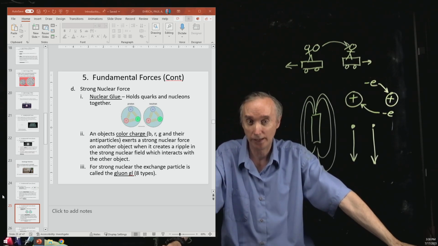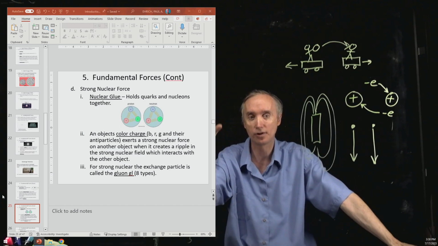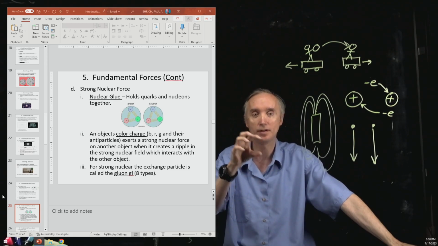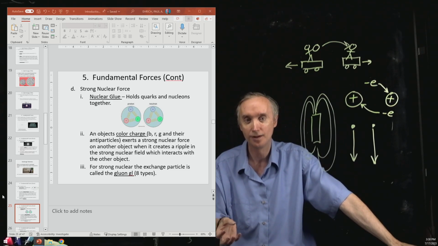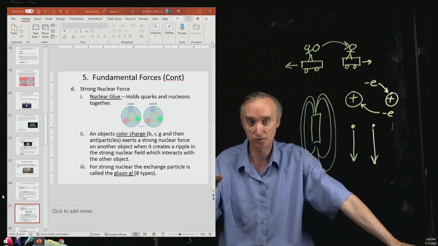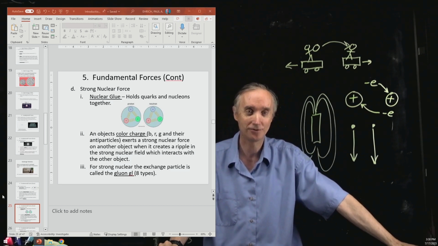Now, in the same way, mass causes gravity. Electrical charge causes electrical force. Color charge causes the strong nuclear force. Now, don't worry about it, okay?